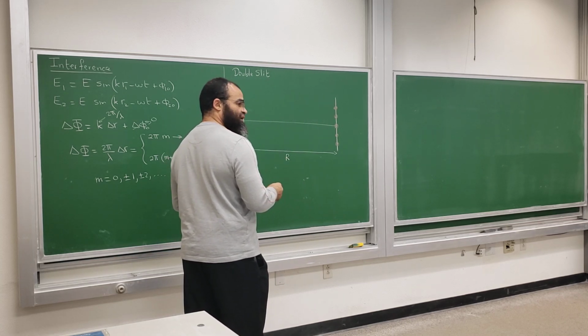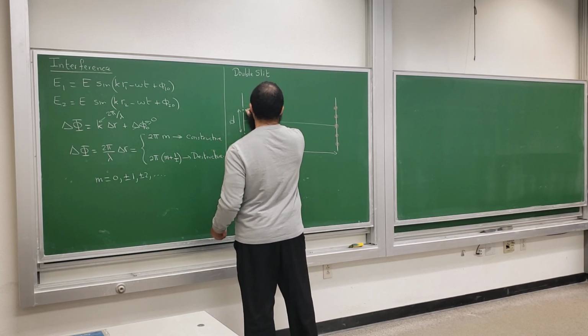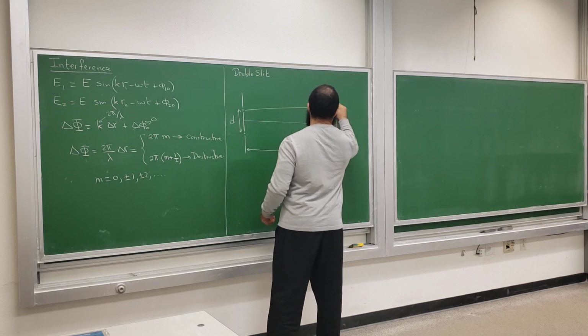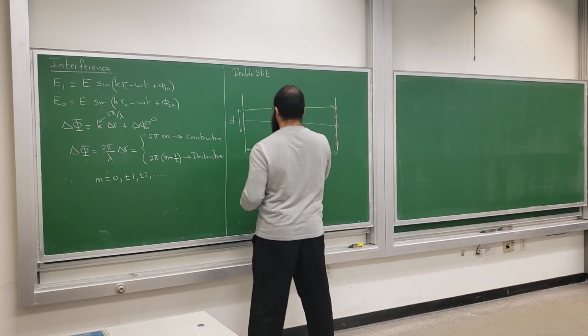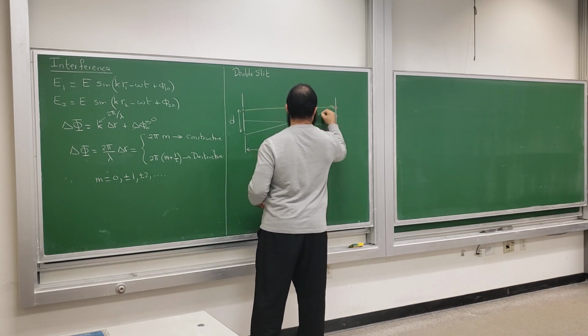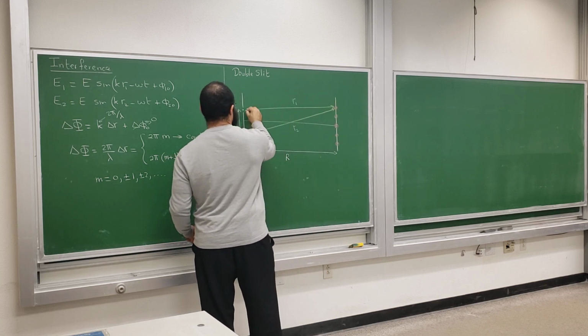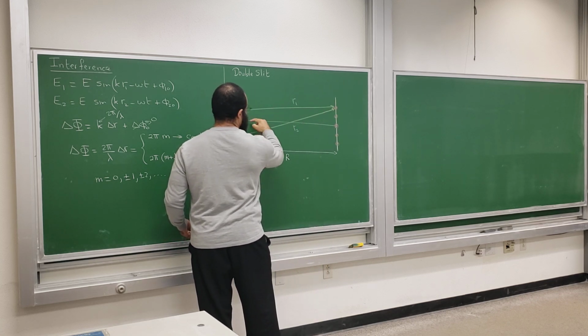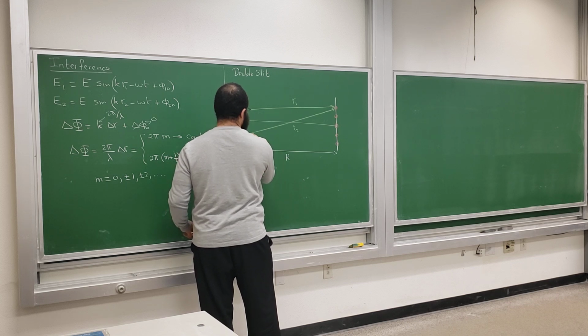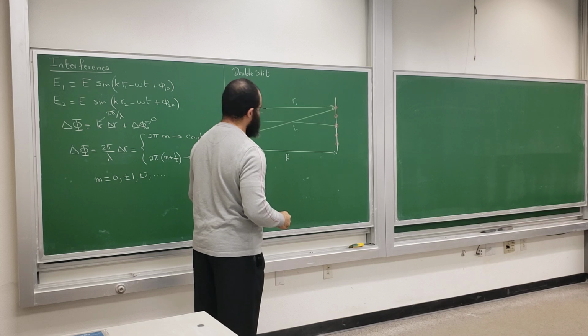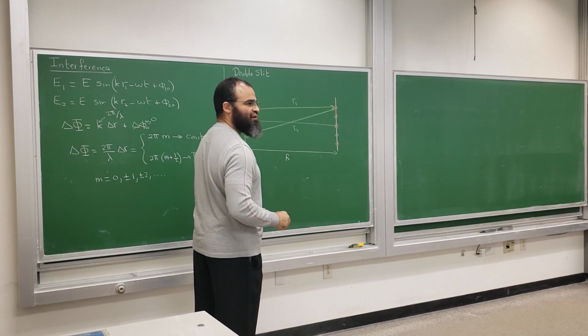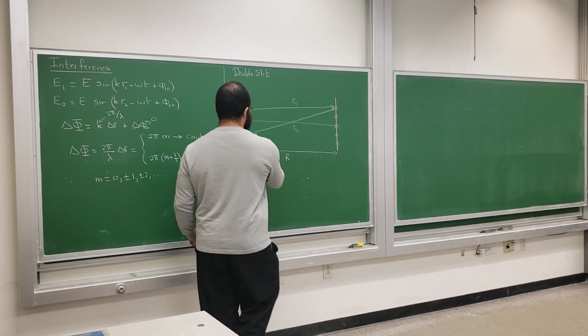In order to understand it, we said, okay, let's look at the path difference. This one travels all the way here, that's called R1. And this one travels all the way here, that is called R2. The bottom one travels an extra distance. And what did we say that distance was? Remember?